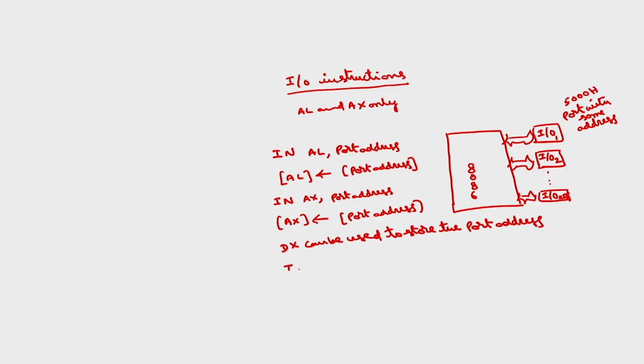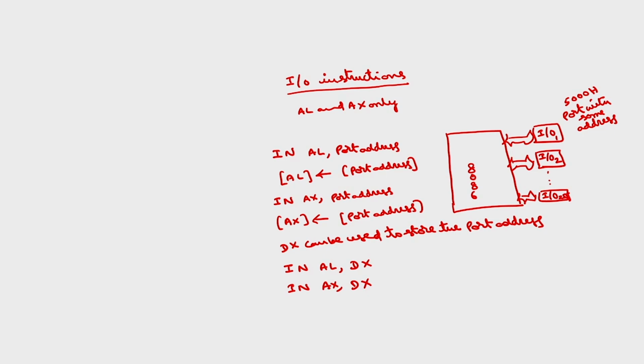So we can write IN AL comma DX, similarly IN AX comma DX. The same operation, but here instead of specifying the port address, I am specifying DX. In DX we have the port address. Similarly, if the port has 16-bit data, that will be taken into the AX register. The only difference is that here we specify the port address, and here we specify DX, in which the port address will be present.